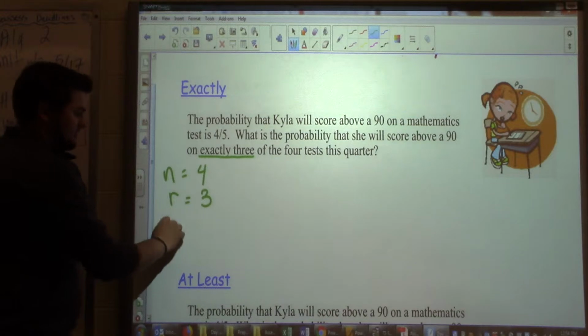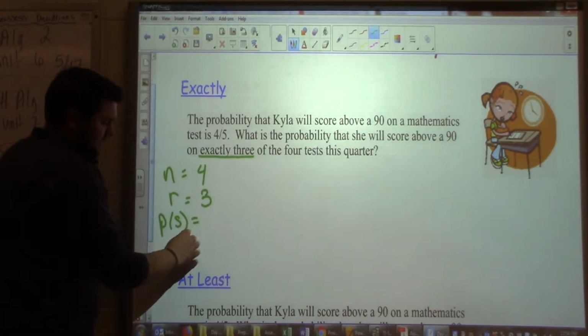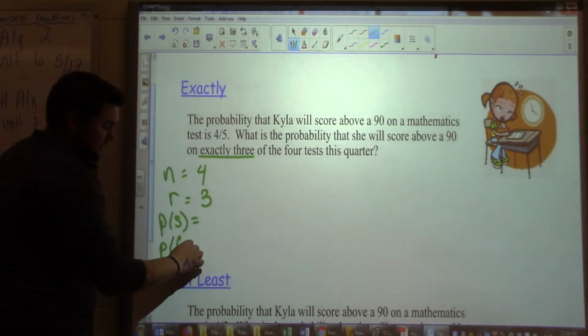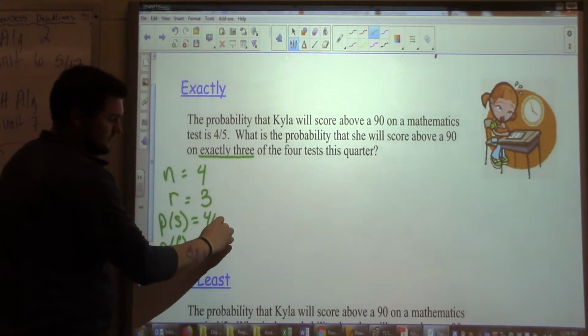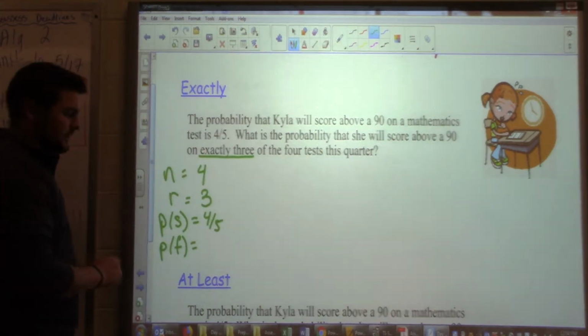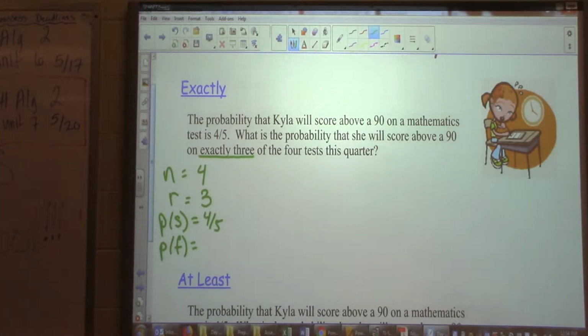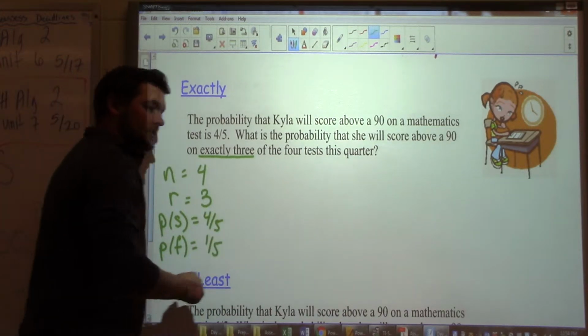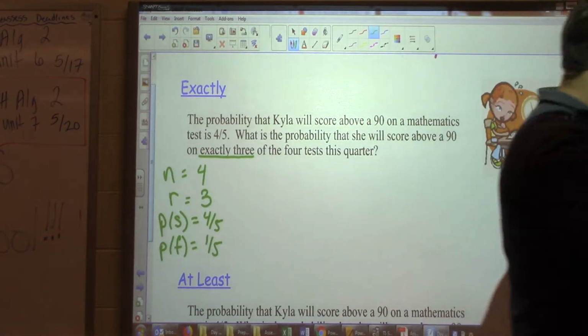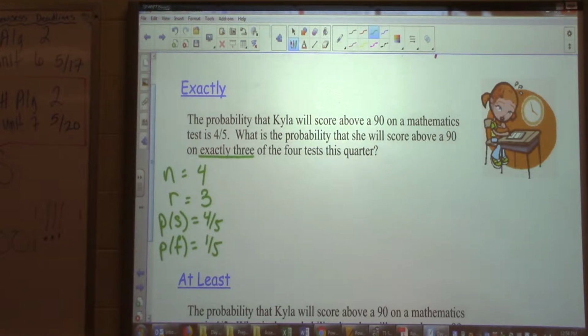Okay. So my probability of success is going to be the probability that she gets above a 90, which we said was 4/5. The probability of failure, then, would be what? 1/5, right? It's going to add to 1. So 4/5 and 1/5. So we're just going to use the binomial probability formula we've been using.